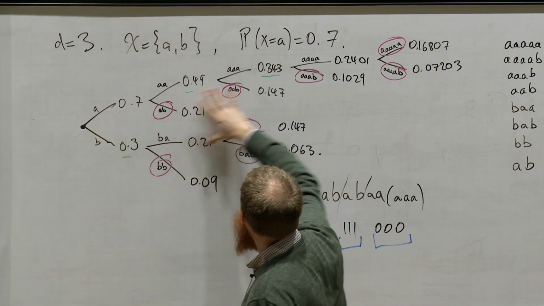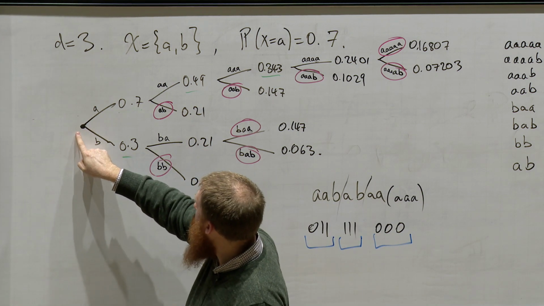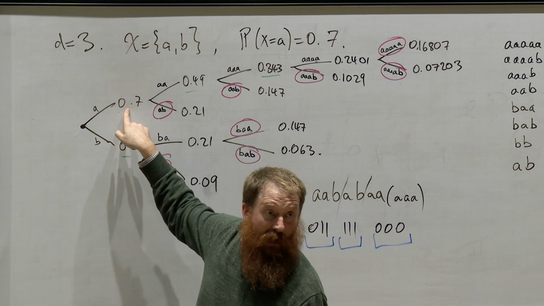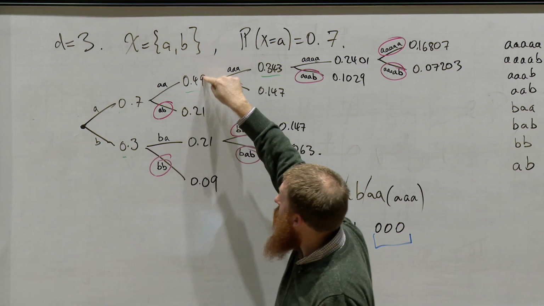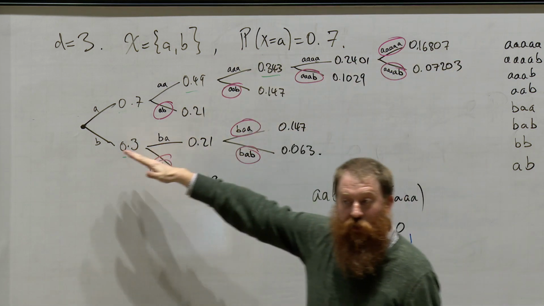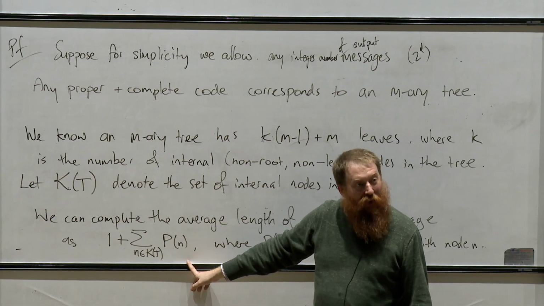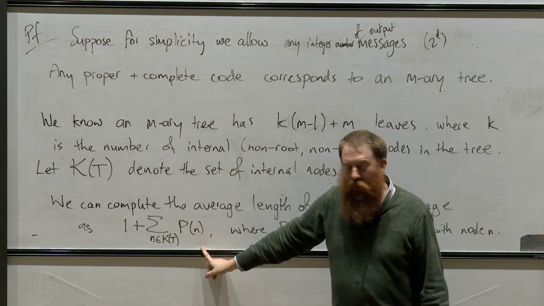Okay, when I've done this full tree, then I can compute the average length by going, well, it's 1 plus this probability that I get to here. Then I'm going to add 1 for this step. This probability I get to here, add 1 for this step. This probability I get to here, add 1 for this step. And do this over everything that's an internal node. So I can compute this sum here. And that is the expected length of an input, which is a rather sneaky way of writing it down. Why is it sneaky?